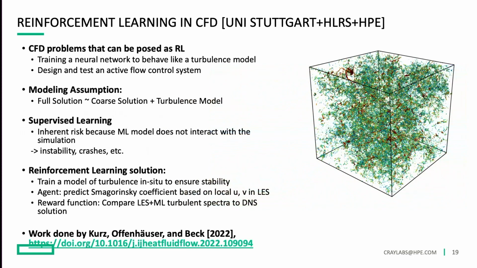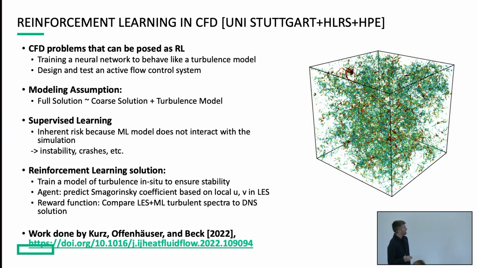Another use case, which is interesting, has been developed in Stuttgart by Kurz, Offenhäuser, and Beck. The idea is, again, computational fluid dynamics. In this case, it is a turbulence model. So the idea is, okay, I want to run a CFD simulation, but I cannot afford running it on the fine mesh.